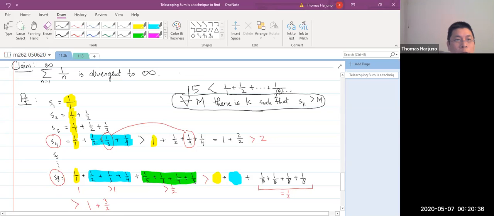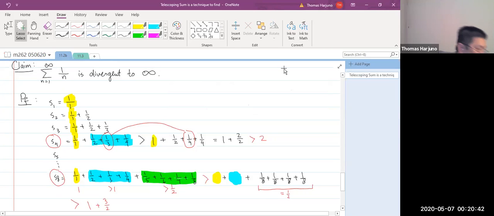so if you want to see more details on the explanation, you can see your book. The proof is on page 432 that this series is divergent.